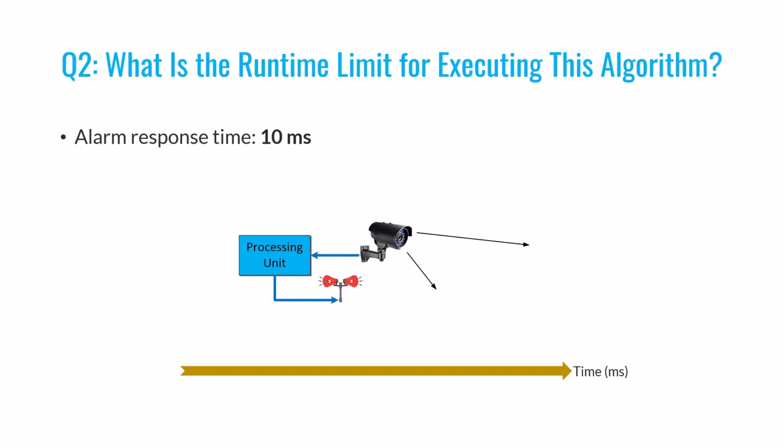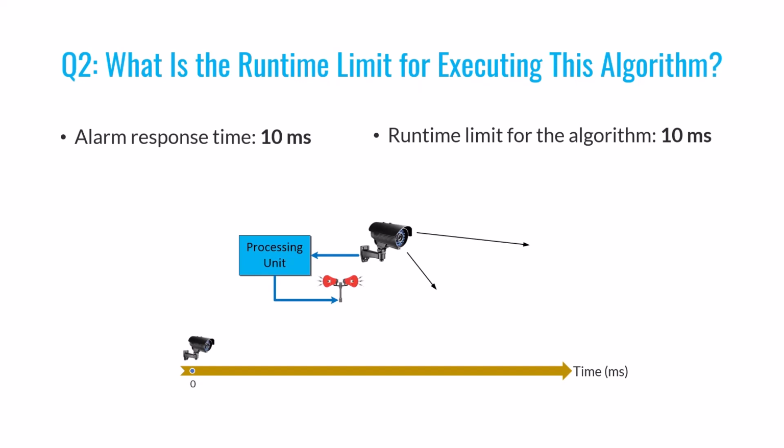At first glance, you might think, okay, let's just set the allowable execution time for the algorithm to 10 milliseconds. But here's the catch. Let's say we receive the first set of images at time 0 seconds. And at that moment, there is no moving object in the camera's view.